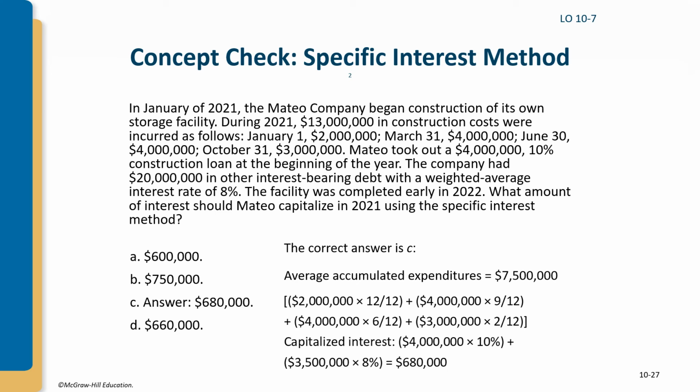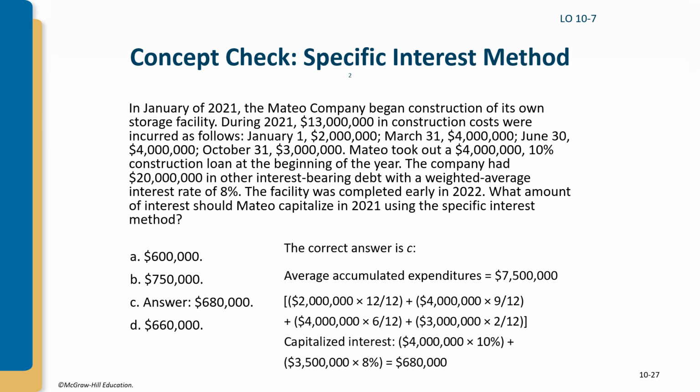$7,500,000. The first $4 million of interest is calculated at 10% because of the construction loan that was $4 million, 10% interest. But we need to capitalize interest on $7.5 million of expenditures. So the other $3.5 million, we will use the weighted average interest rate of 8%.